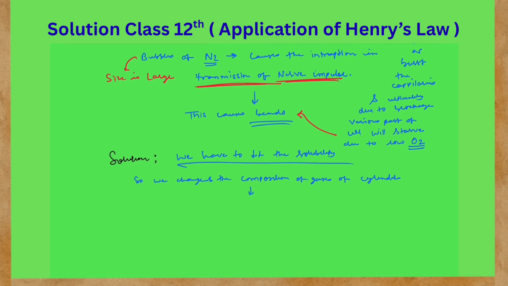The new composition is 11.7% helium plus 56.2% nitrogen plus 32.1% oxygen. So in place of nitrogen, which is present at around 70% in air, we have changed it to 56.2%, and now we have 11.7% of helium.